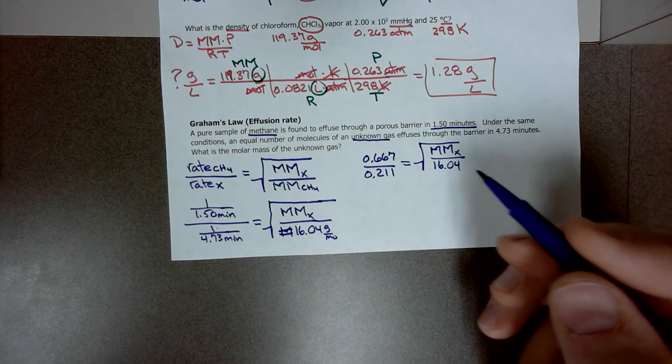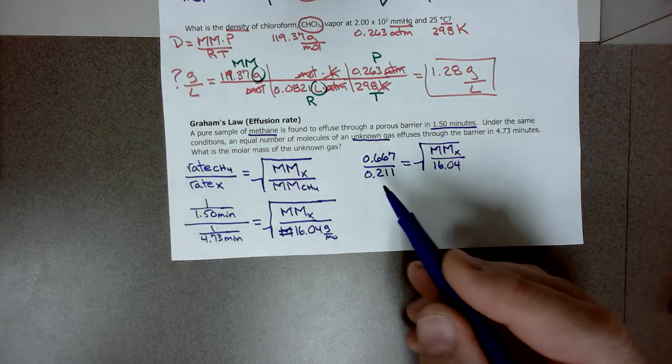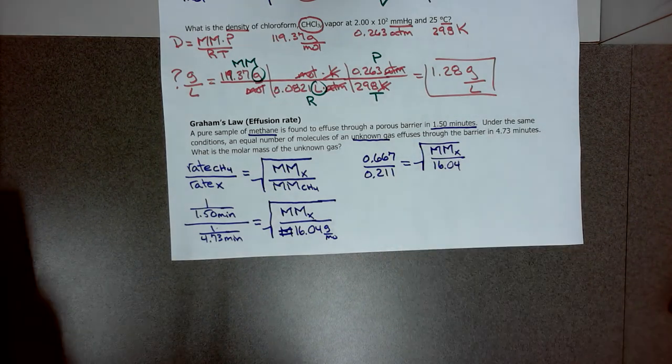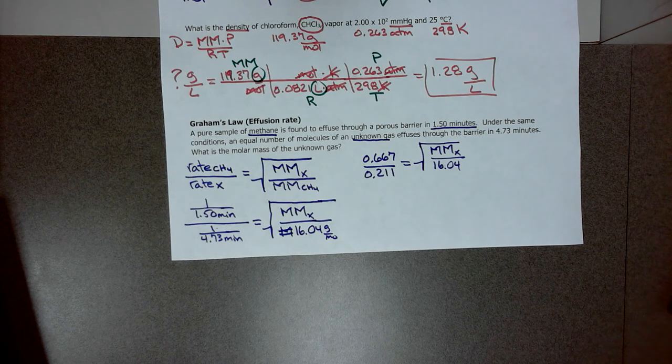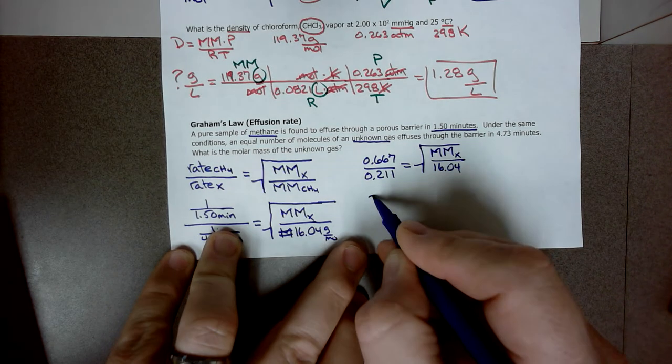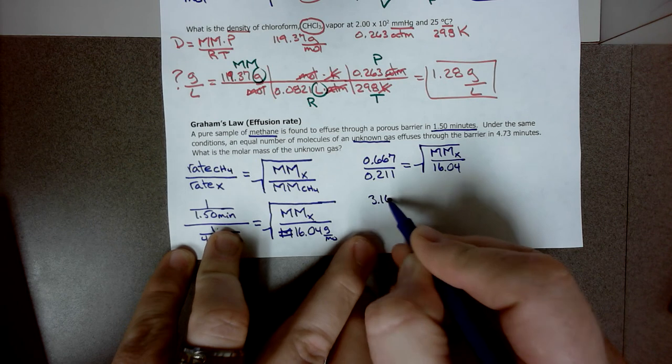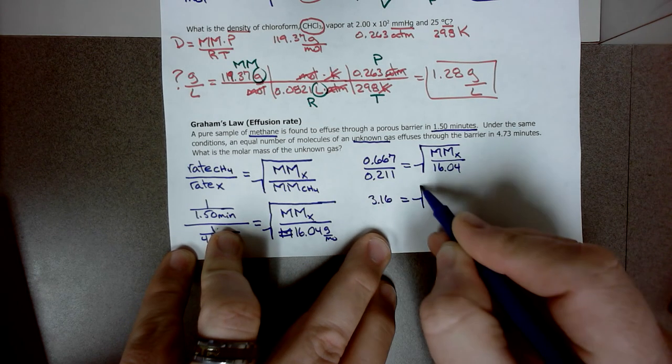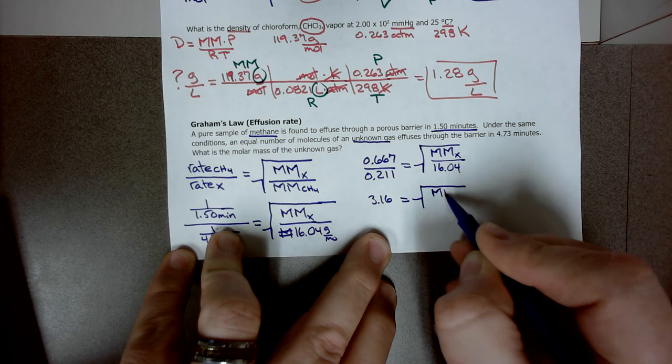Now, if I take those two numbers, 0.667 divided by 0.211, that gives me a ratio of 3.16, equal to the square root of the molar mass of X over 16.04.